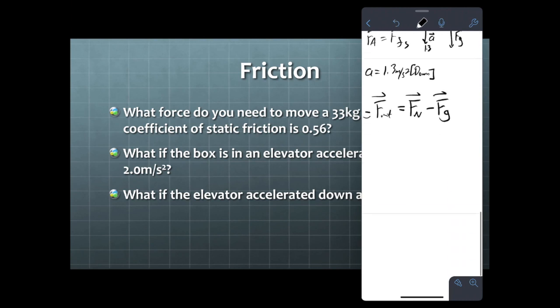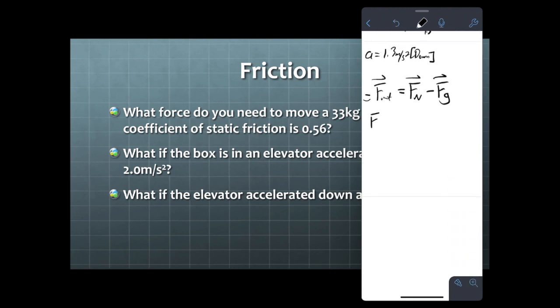As before, we are trying to find our Fn, and our Fn is equal to now Fg minus F net. And as before, our force of friction is equal to mu Fn. Force of friction is equal to the applied force, mu times Fn.